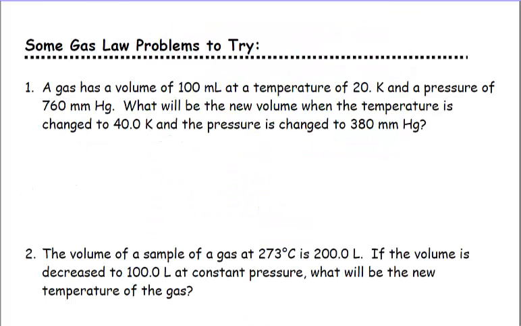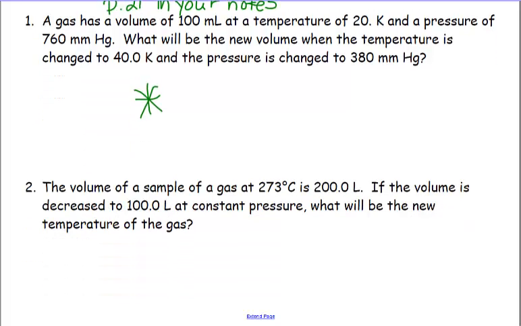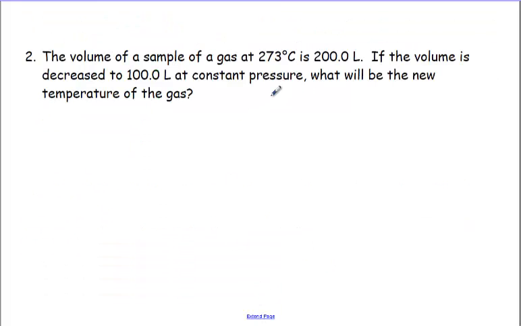All right, let's look at some sample problems to help you apply this. Actually, this first one is a repeat of what is on page 21 in your notes, and we've done it already, so we're going to skip that. But let's go to number 2. The volume of a sample of gas at 273 degrees Celsius is 200 liters.